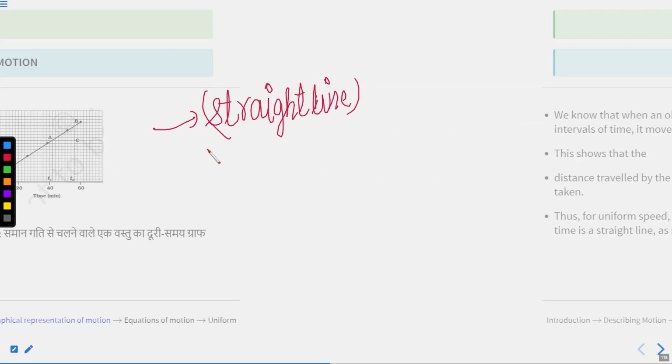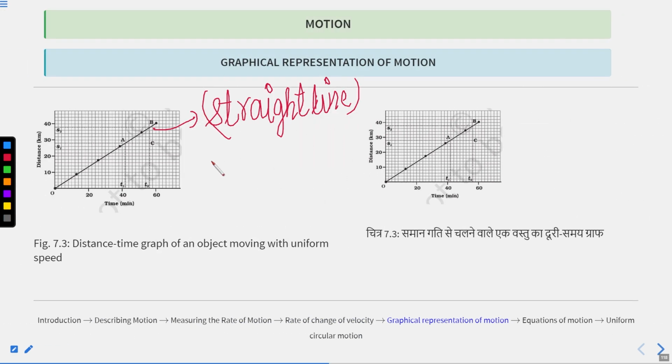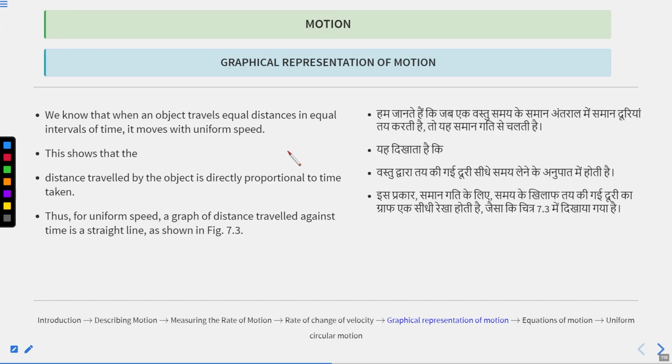So according to this graph, we can clearly understand that distance is directly proportional to time here. Whenever you remove this proportionality sign, a constant will come, and here that constant will be the uniform speed.